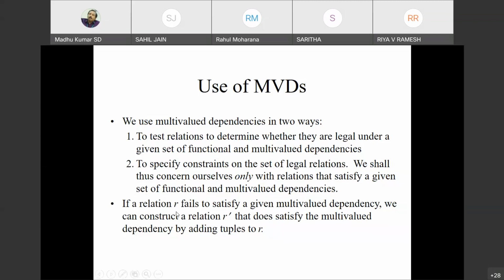If a relation R fails to satisfy a given MVD, we can construct a relation R dash that does satisfy the MVD by adding tuples to R.